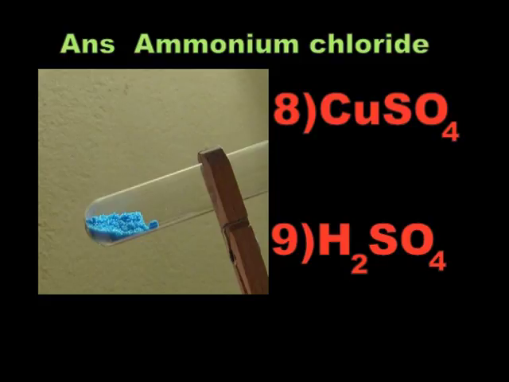The old names for this chemical are bluestone or blue vitriol. When heated, it yielded oil of vitriol or sulfuric acid.